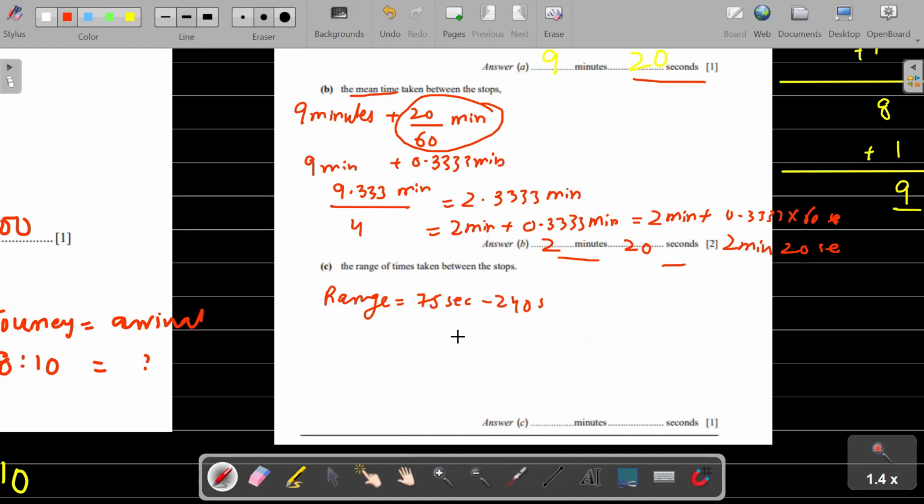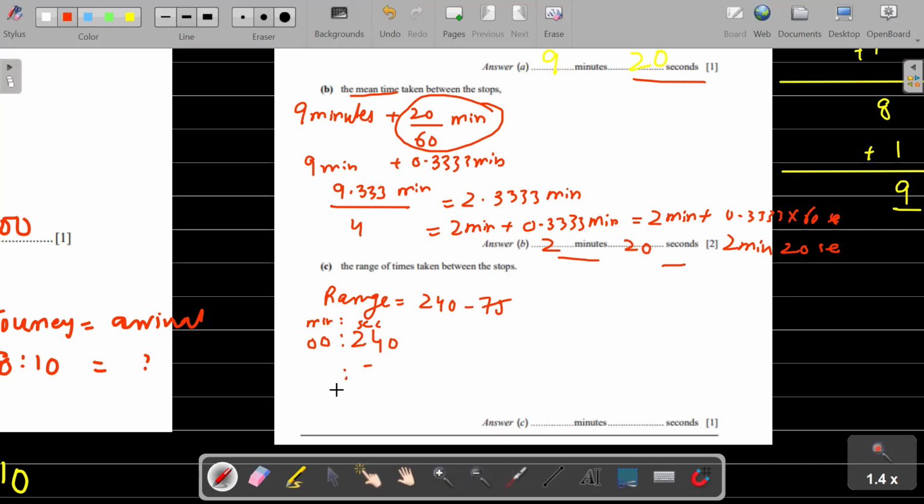Sorry, it's going to be 240 seconds minus 75 seconds. 240 minus 75. Let me do this in vertical order. 240, 0, 0. This was minutes, and this is seconds.